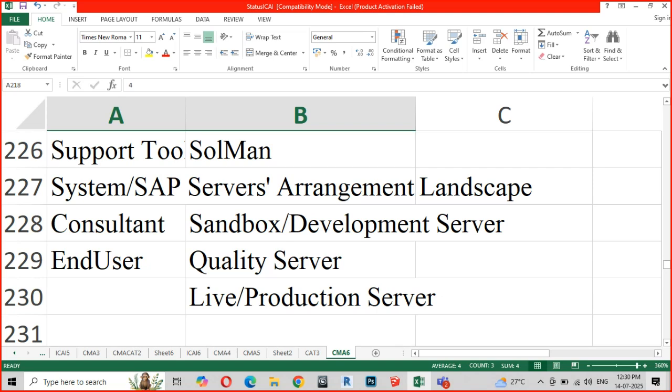So you are working in a space provided to the consultant, which is nothing but a testing environment. It is called a sandbox or the development space or the development server. So in the development server, the consultant creates the solution or works around the issue and develops the solution.